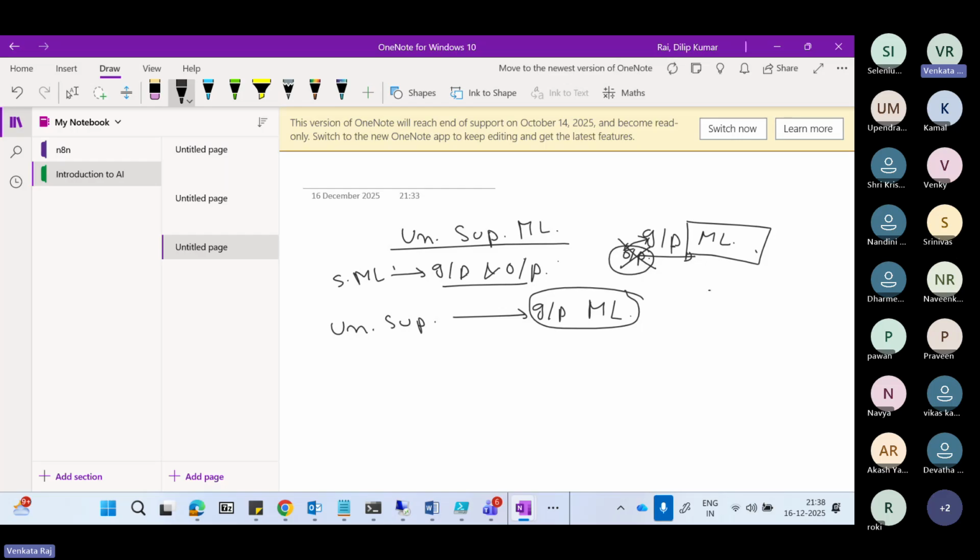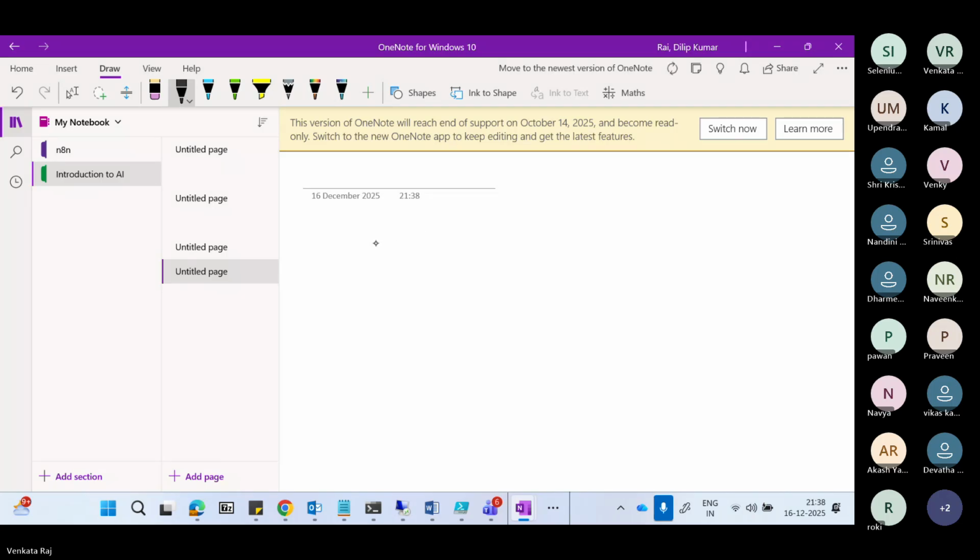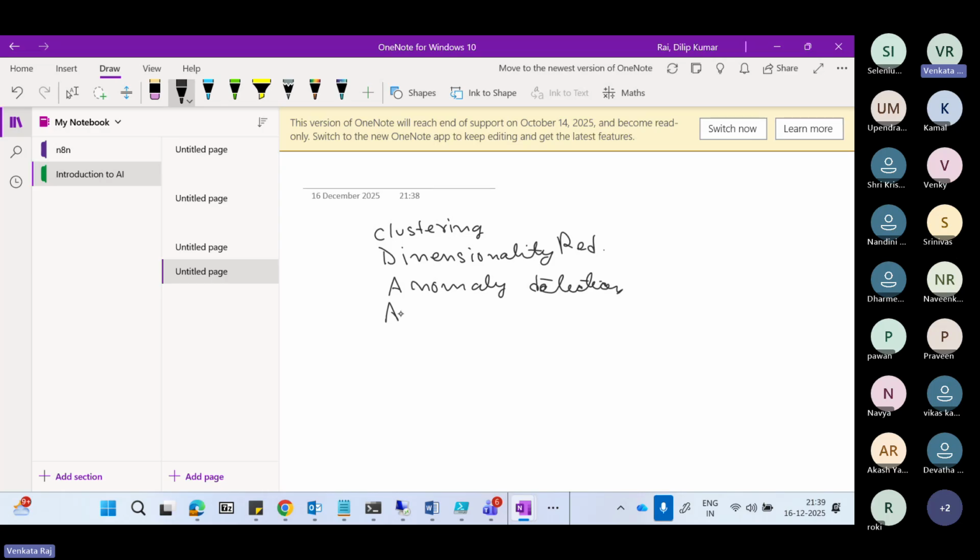So this unsupervised machine learning is used in different scenarios, like clustering, dimensionality reduction, anomaly detection, and association rule learning.